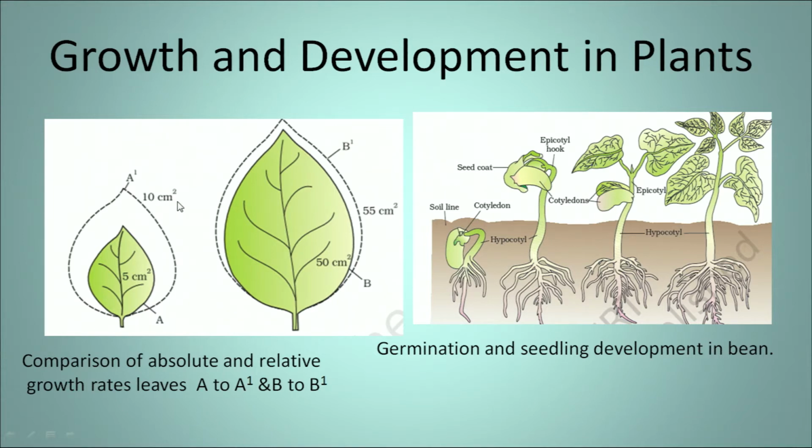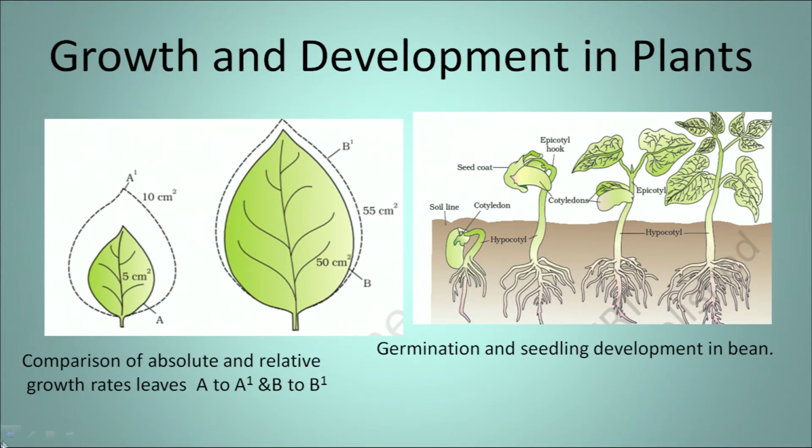That means growth has taken place undoubtedly. However, an interesting thing to note here is that although the size of the leaf is small here, relatively more growth has taken place in the small leaf compared to the larger leaf on the right hand side.